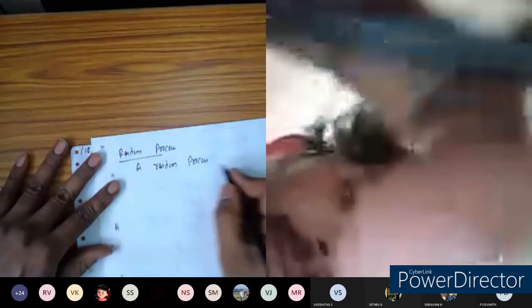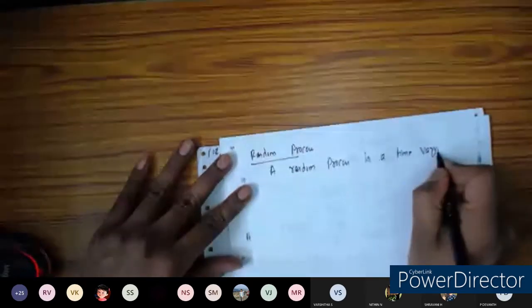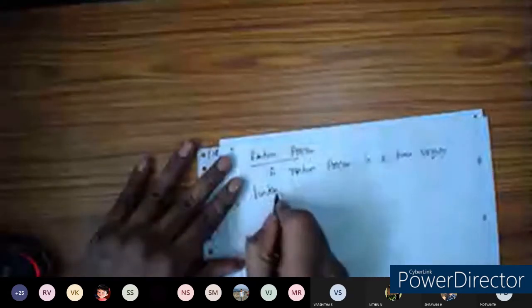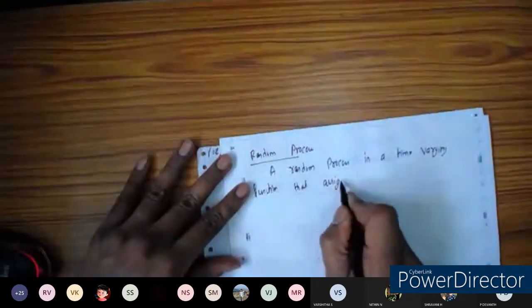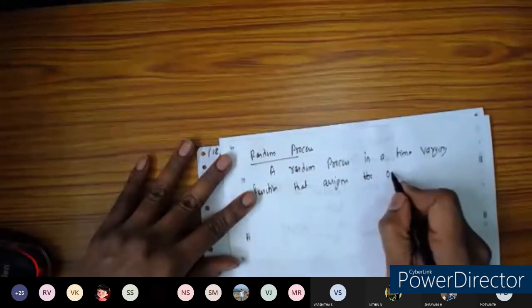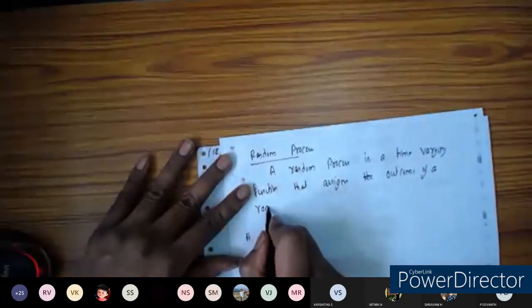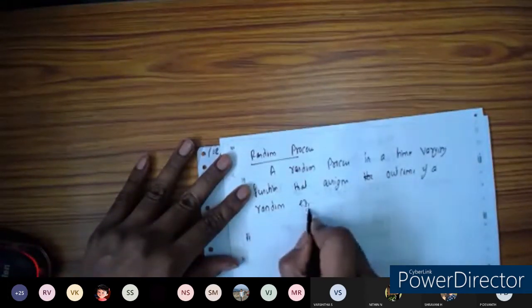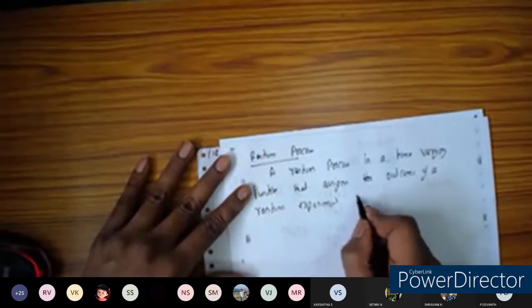So you can note down: a random process is a time varying function that assigns the outcome of a random experiment to each time instant.